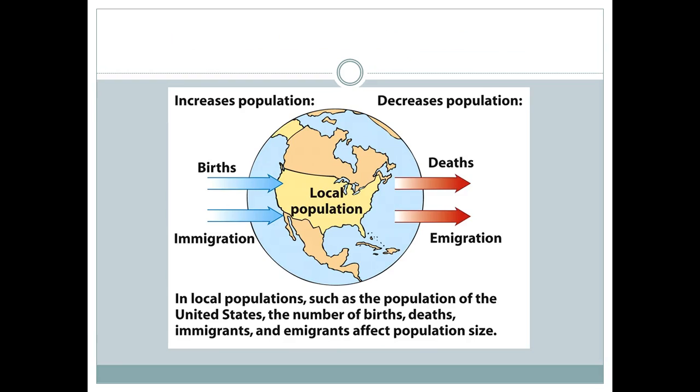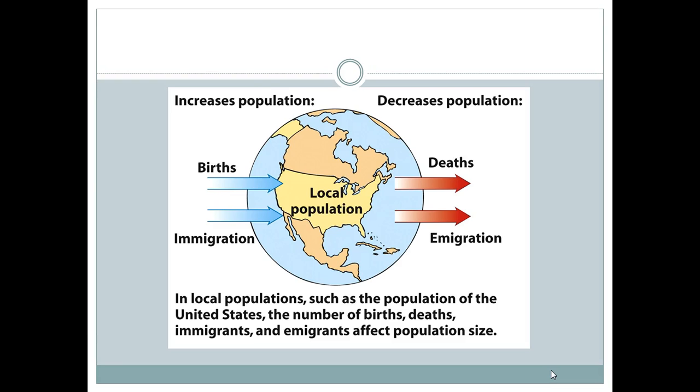Let's look at the United States. How do we figure out how many people are here and if our population is growing or declining? Well, it's not as simple as births and deaths. I mean, you think about the Earth, you have to be somewhere on the Earth. Nobody's moving to Mars.